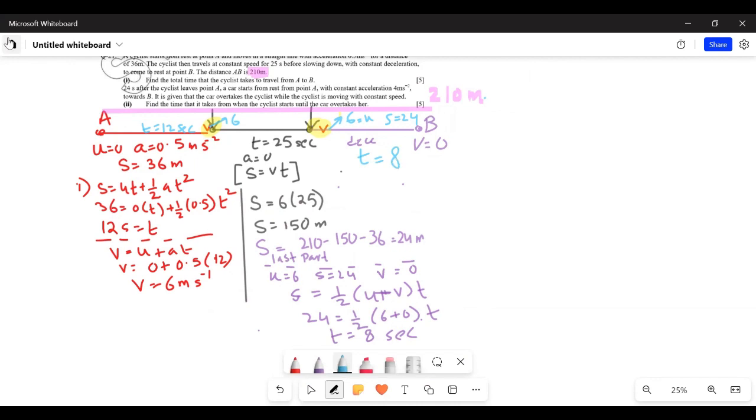So total time is going to be 12 seconds for the first part, 25 seconds for the second part, 8 seconds for the last part. So the sum of these three should be the answer of part 1.